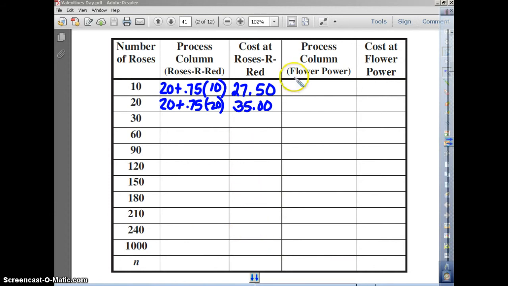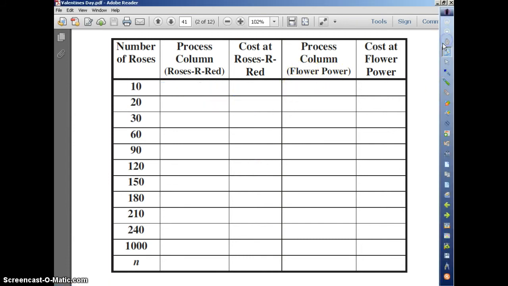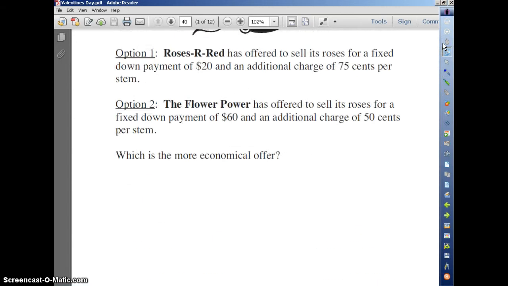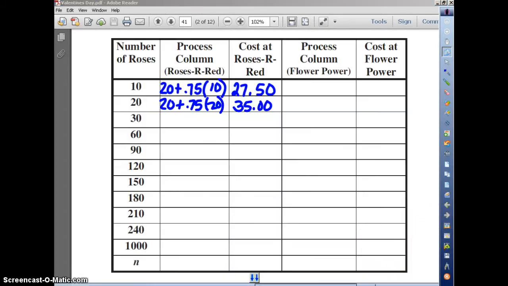Okay? Let's look at the process column for Flower Power. Let me go back and see what they said. Flower Power said they're going to charge a $60 down payment, but 50 cents per flower. So let's do that. $60 down payment for Flower Power, but they're only going to charge 50 cents per flower.